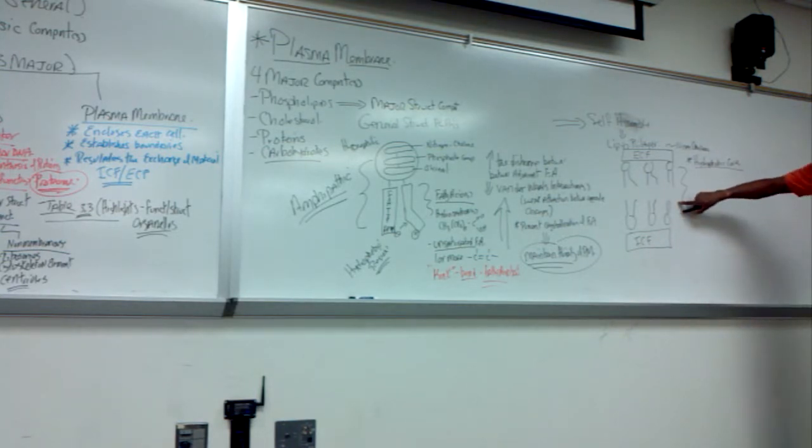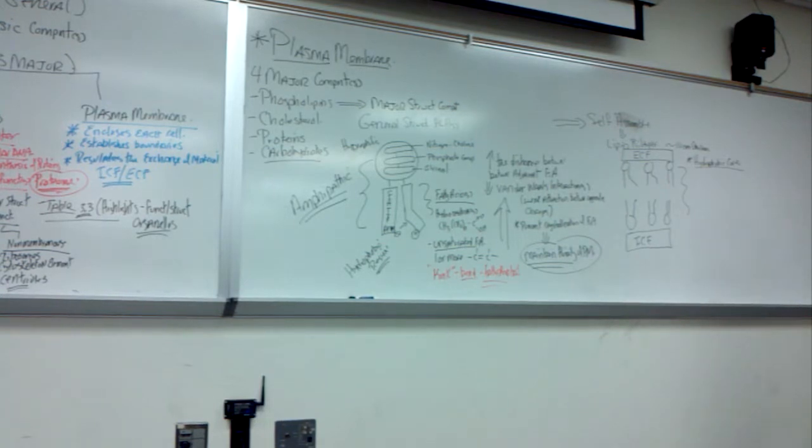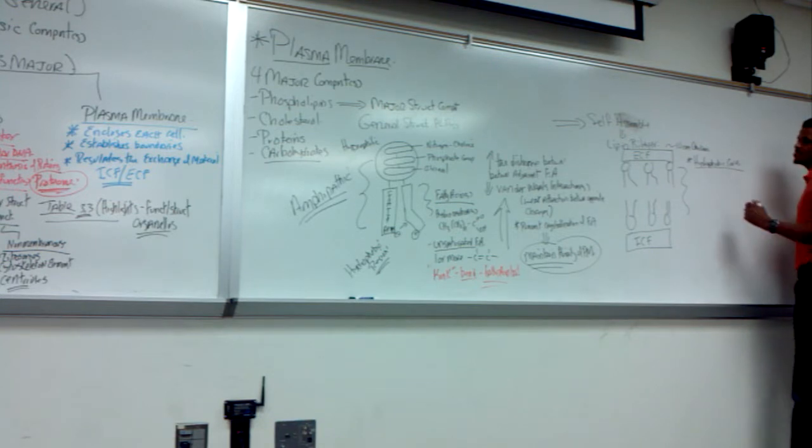And what physical property does this hydrophobic core afford to the plasma membrane? What physical property does it give to our plasma membrane? It makes our plasma membrane what? Selectively permeable. So we know a term used to describe the plasma membrane is semi-permeable or selectively permeable.